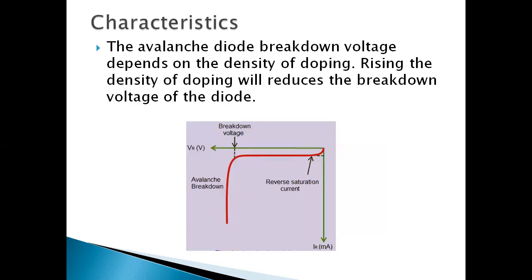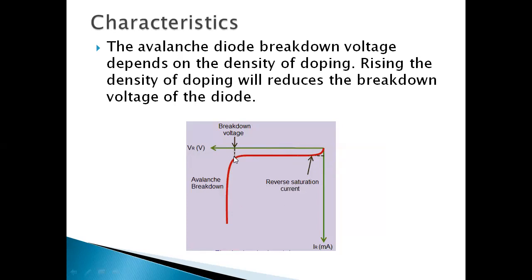Coming to the characteristics of the avalanche photodiode, as this is operated in reverse biasing conditions, the breakdown voltage depends on the density of doping, and raising the density of doping will reduce the breakdown voltage of the diode. You can observe the reverse characteristics of an avalanche photodiode: even when applying very high voltages, there is a minimum current in the circuit due to minority charge carriers, which is called reverse saturation current.